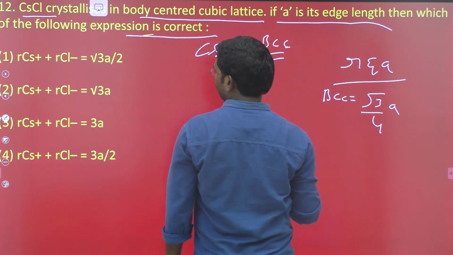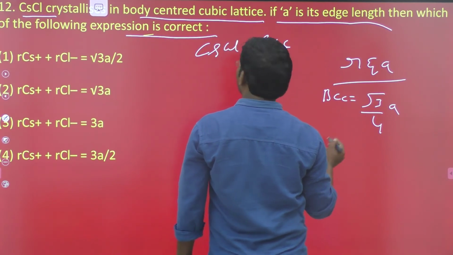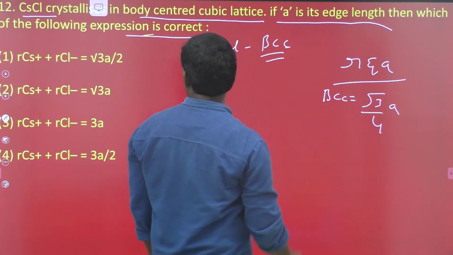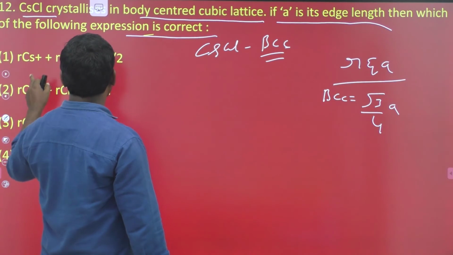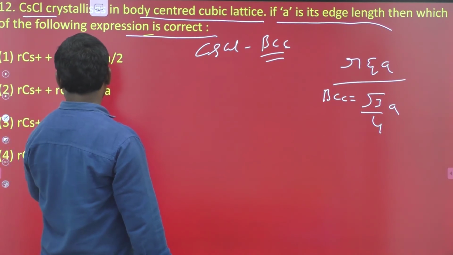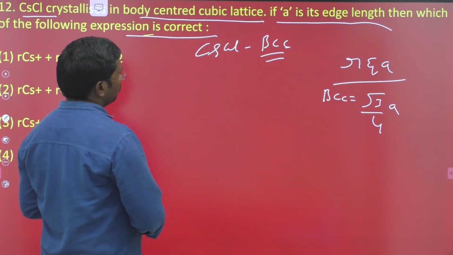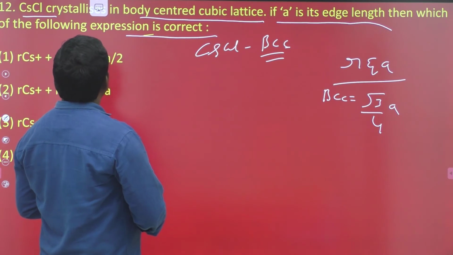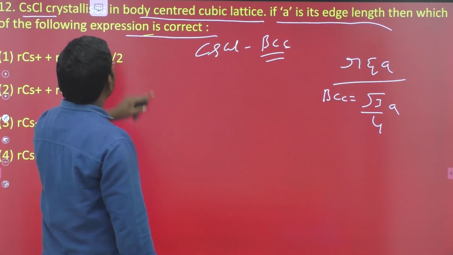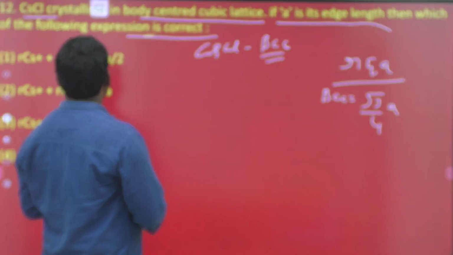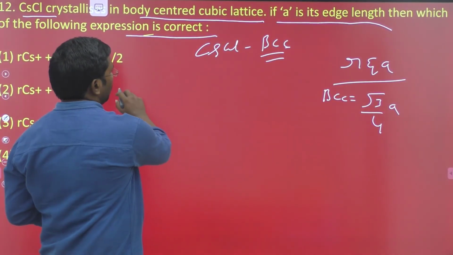So that gives rise to root 3a by 4. And also here the radius of cesium cation is root 3a by 2. So actually in a body centered lattice, a is the edge length, and of the following expressions, the correct one gives root 3a by 2.